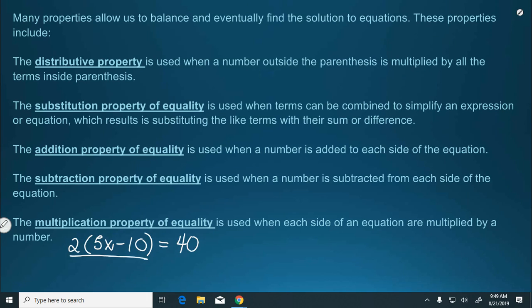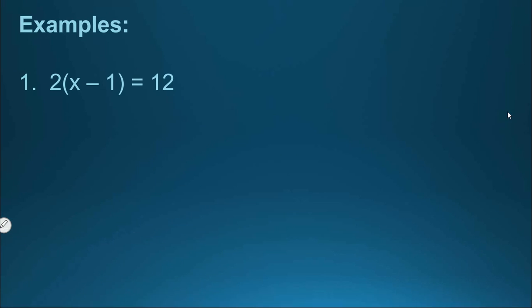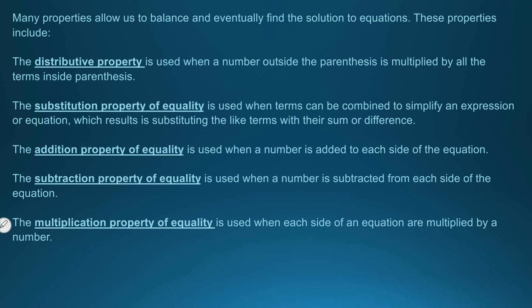You could divide by 2 first, which is the same as multiplying by 1/2. And again, you're using the multiplication property of equality because you're multiplying each side by something in order to simplify the equation. All right, so let's take a look at the odd problems together.